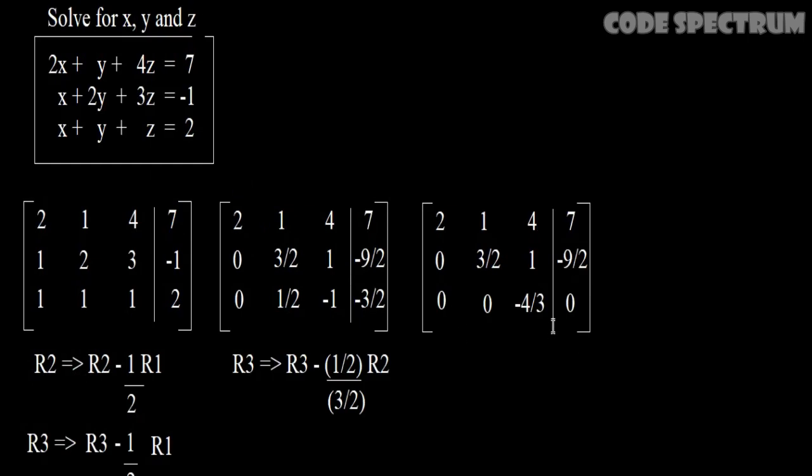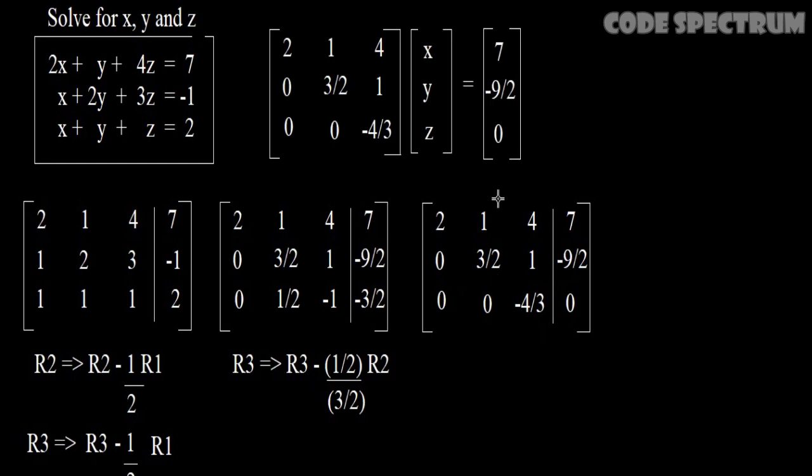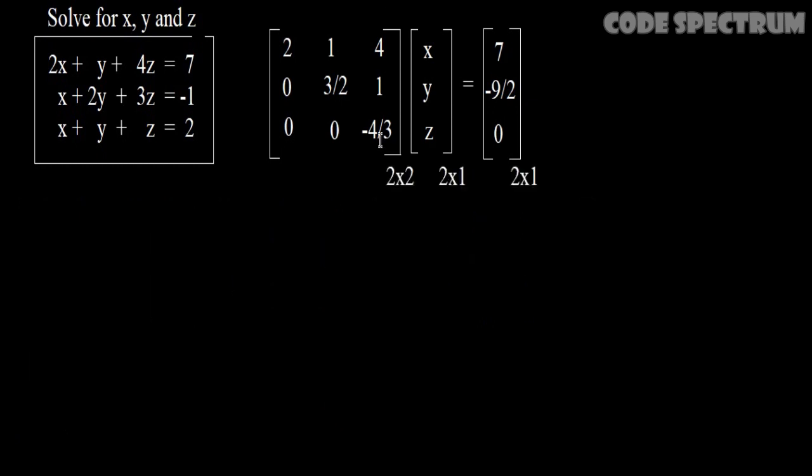Now we need to create the normal matrix form by using this Echelon form like this. I have added a 3 cross 1 column matrix in between the augmented matrix and the normal matrix. Now you can multiply this matrix with the column matrix and get the following equations like this.